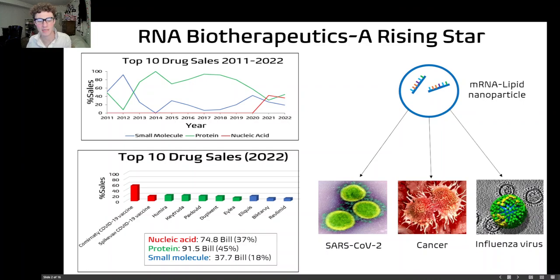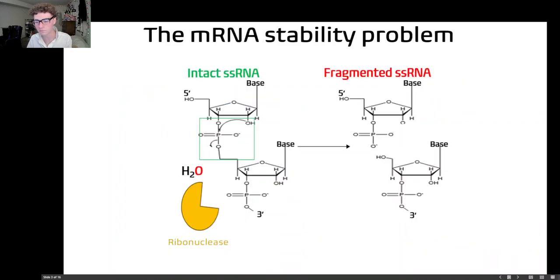It basically beat out individually all nucleic acid-based therapies like plasmids, protein-based therapies like Paxlovid, as well as small molecule-based therapies like Biktarvy. It's even more successful to the fact that now mRNA vaccines are being developed to prevent cancer and influenza virus infections and pathologies. It sounds great, sounds like a wonder drug.